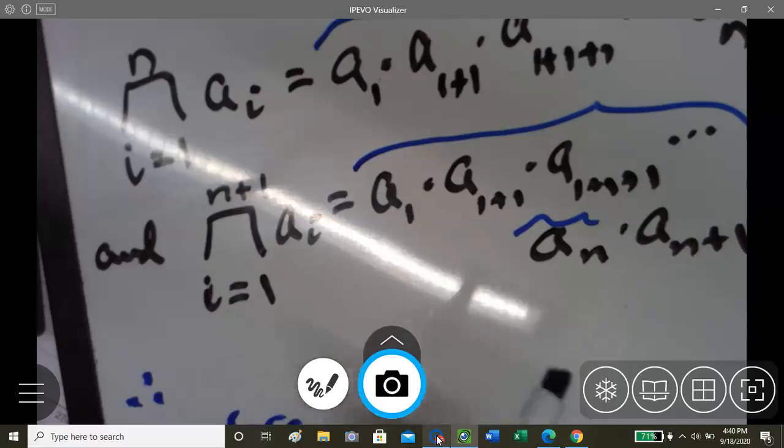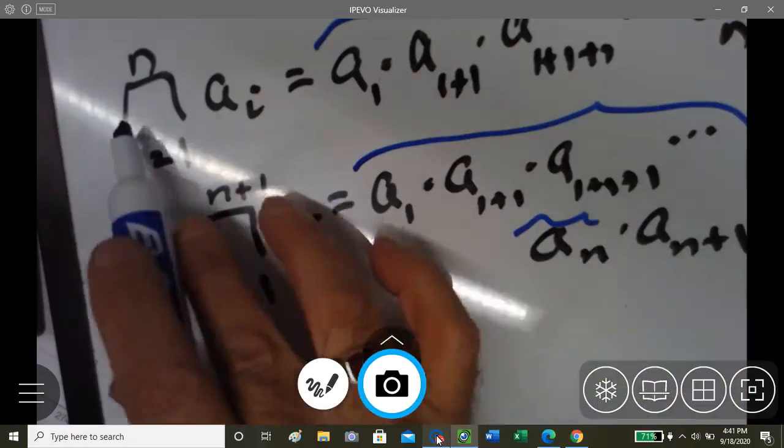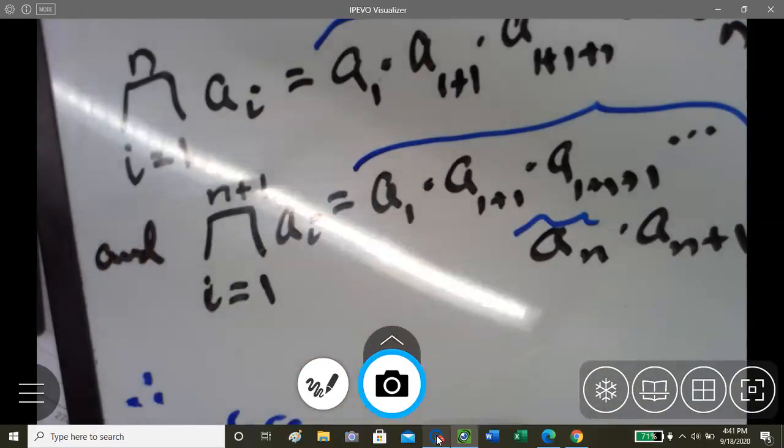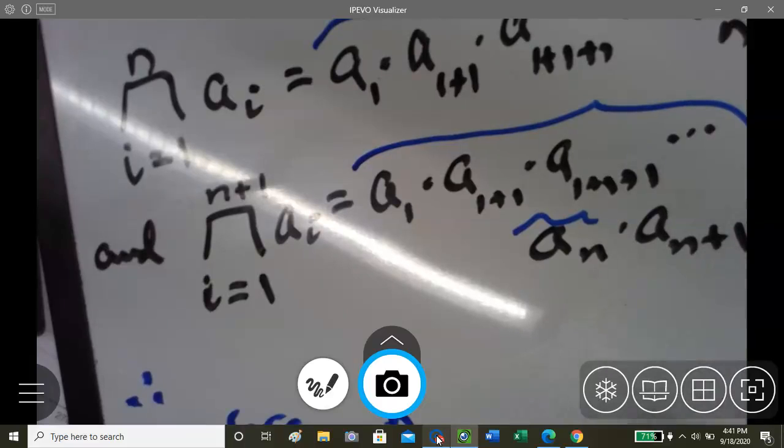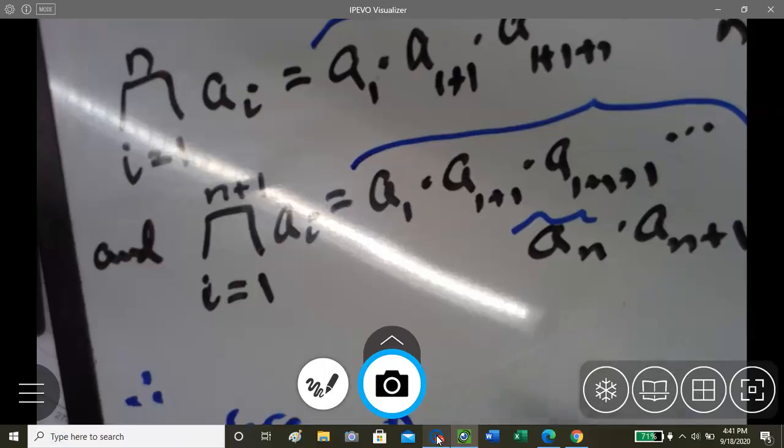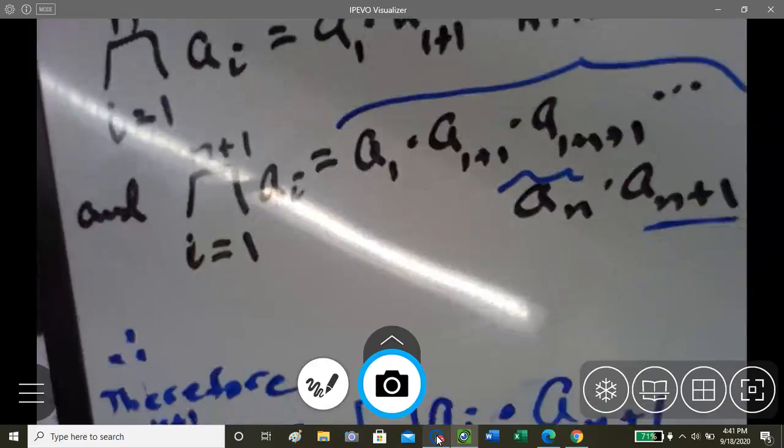Therefore, we can say the product from i equals 1 to n plus 1 of a sub i equals all of this, which is the same as that, the product of i equals 1 to n of a sub i, and then this times, not plus, times this little tail end here, a sub n plus 1.